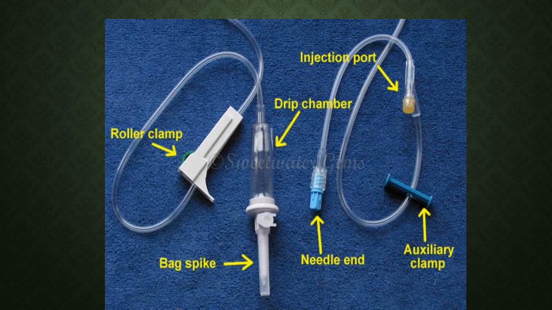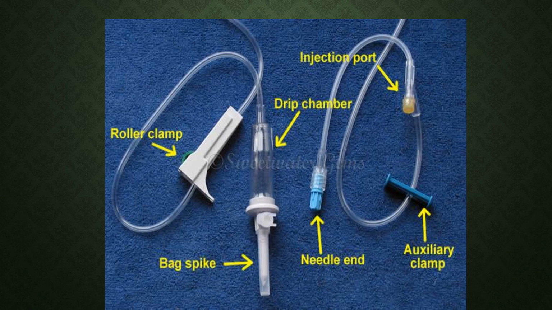Now, you see a roller clamp there. That's how you open and close the flow, and you actually can control flow like that if you would like to. Now, also want to make note, over on the other right side here at the bottom, I'm going to point my arrow there, and I don't know if it'll come across that way, you'll see it or not, but look for the auxiliary clamp in the bottom right of your picture.